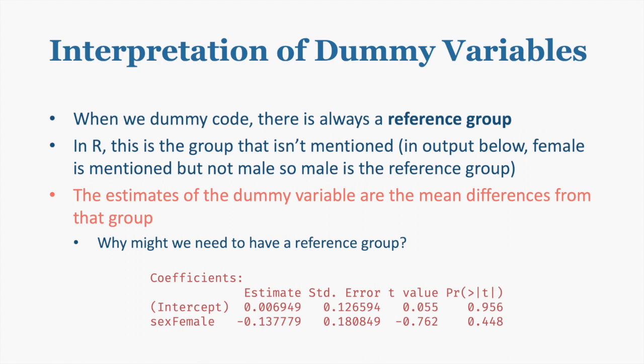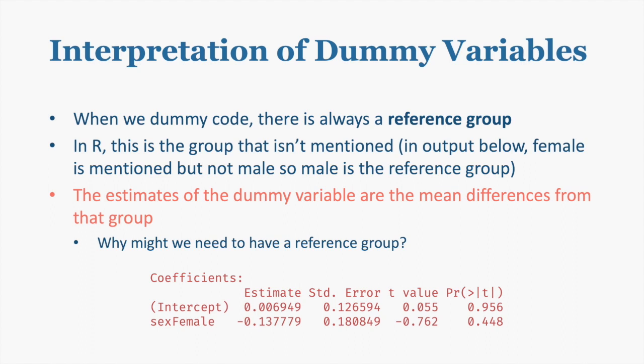In the output below, we coded it in such a way that males were the reference group and we're comparing females to that group. The estimates of the dummy variable are the mean differences from that group. So down here, it says sex female. So female is the group that we're comparing to the reference group. The reference group will not be on here.